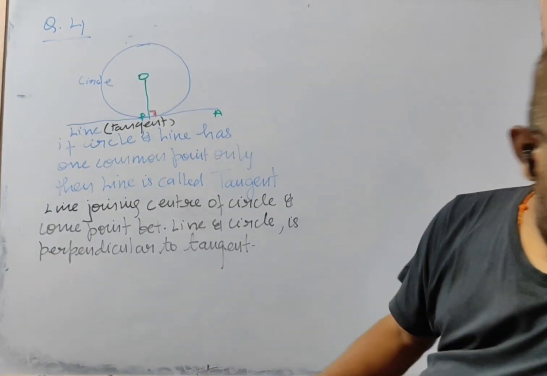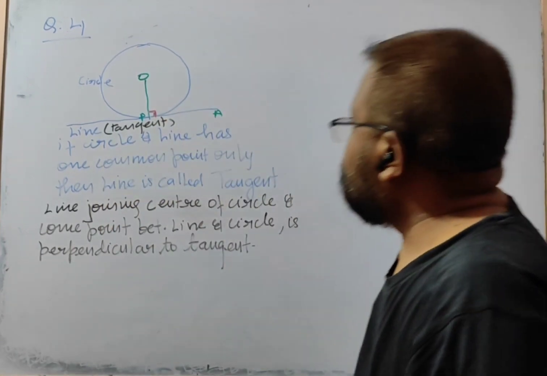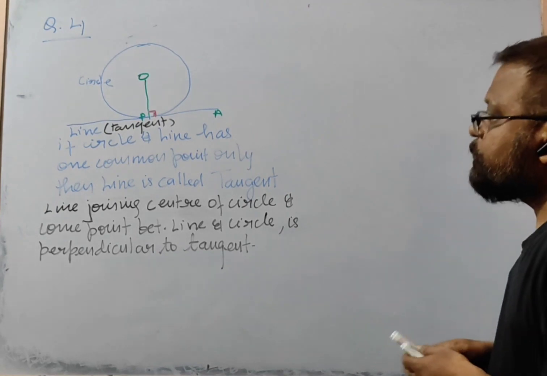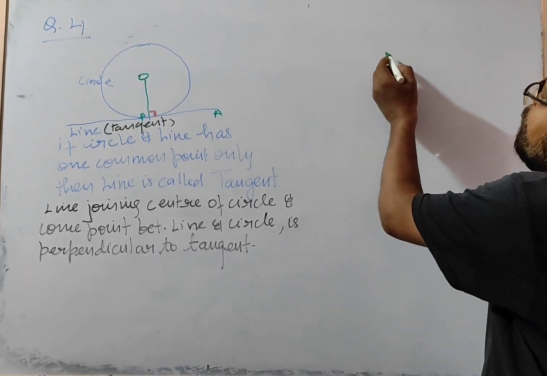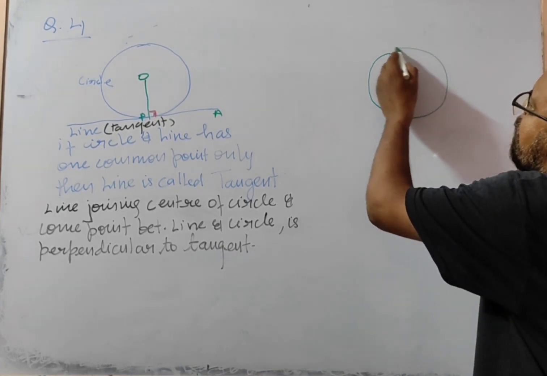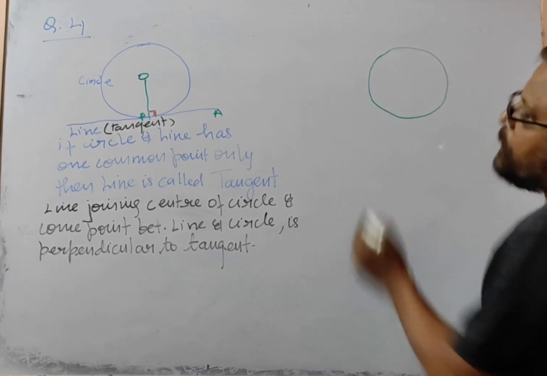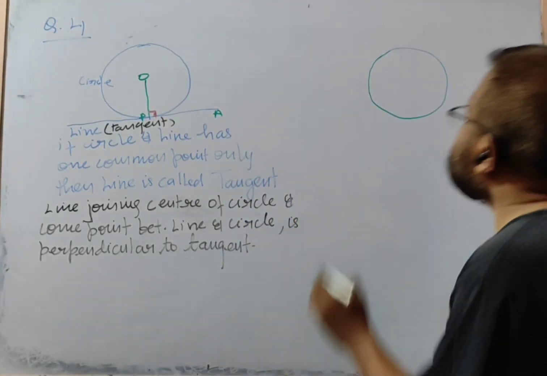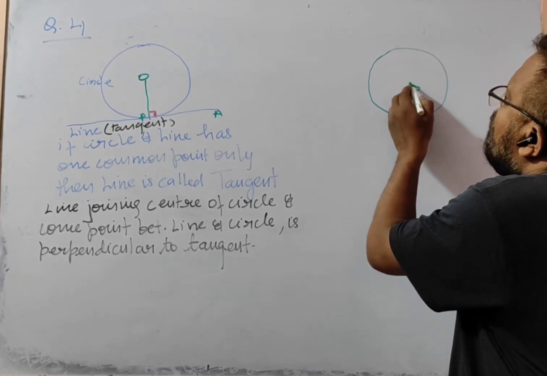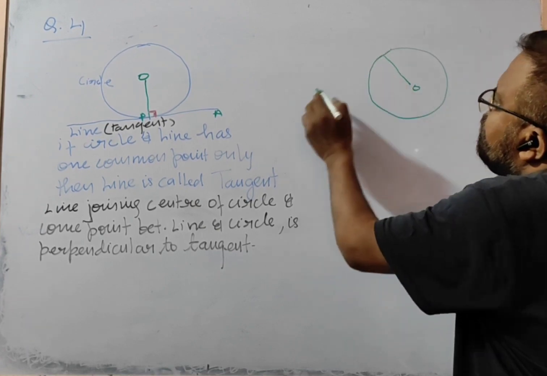So you sent me a question like this. There is a circle like this, and its center is O, and the line from the center, and there is a tangent, and there is an external point.